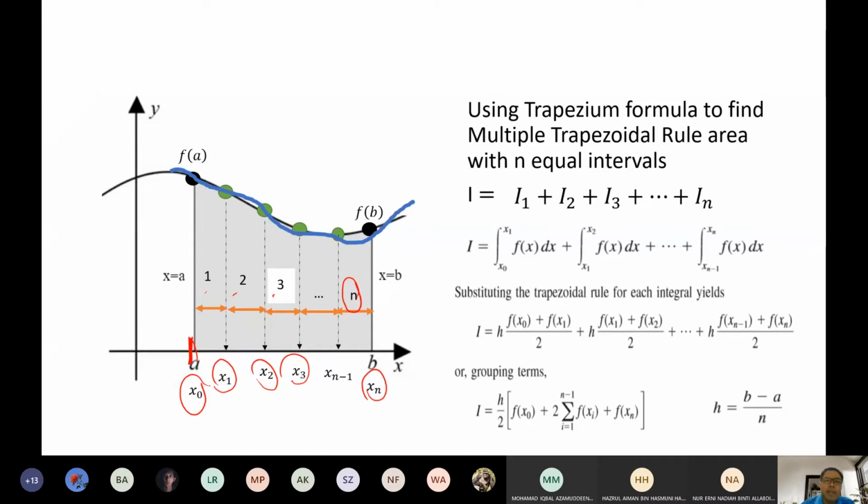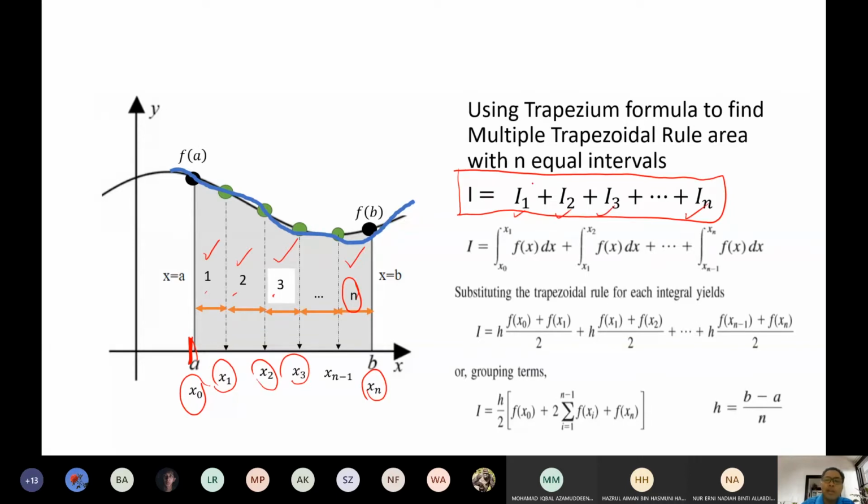In order to find the area, we can add up all of the areas from trapezium 1, trapezium 2, trapezium 3 until trapezium n, as you can see on this screen.